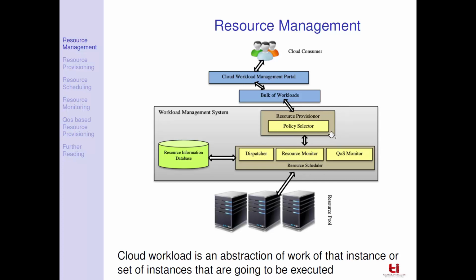What does this resource provisioner do? A resource provisioner will provide the demanded resources to the workload for their execution, if and only if the required resources are available in the resource pool.